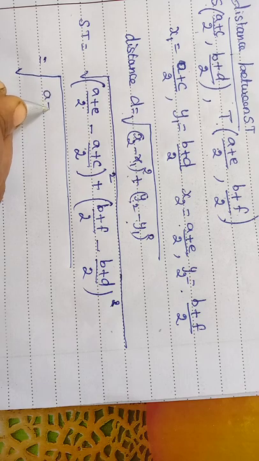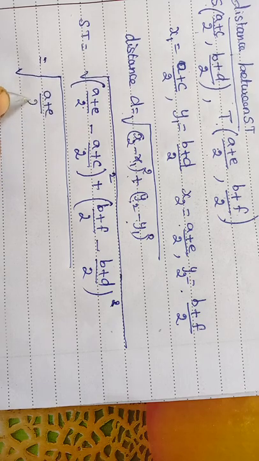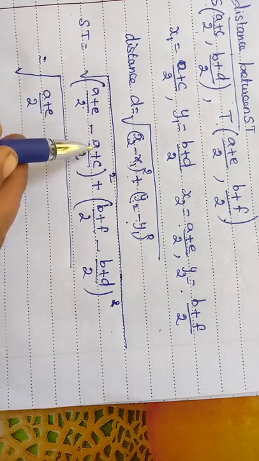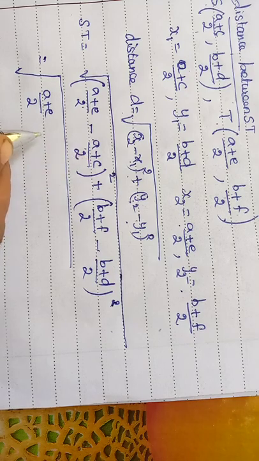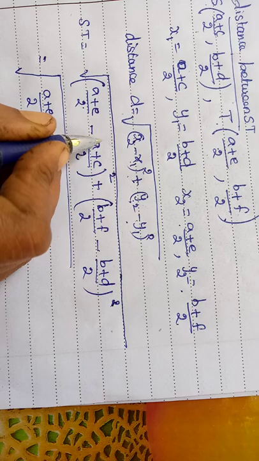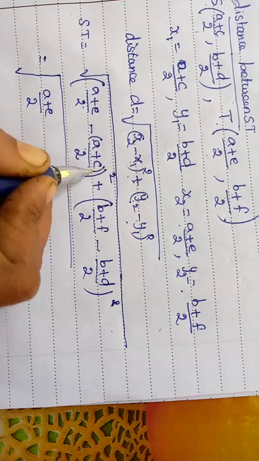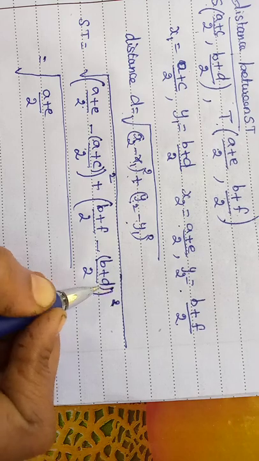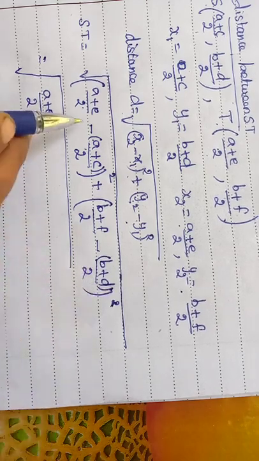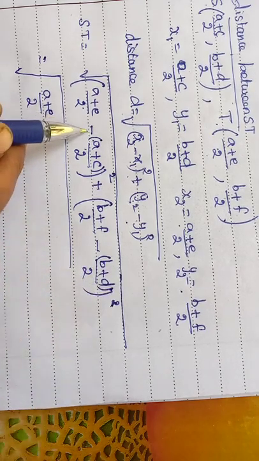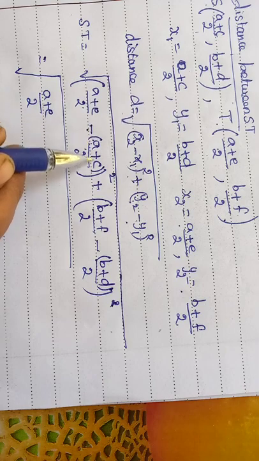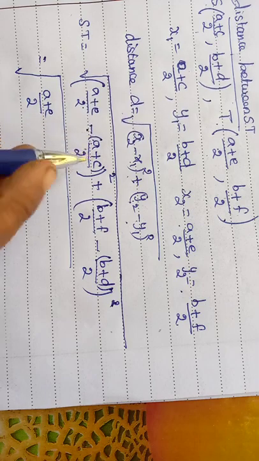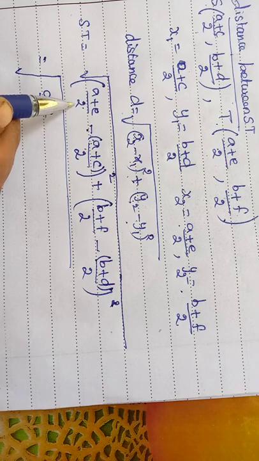A plus E by 2. This minus is common for both terms, so let's use small brackets here, and here also. Now, this minus is common for both terms, so let's multiply with that. Here the denominator is 2.